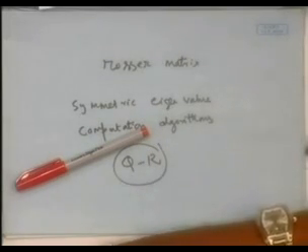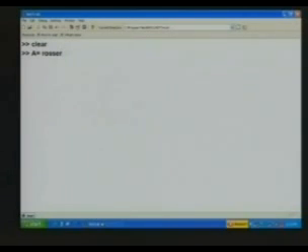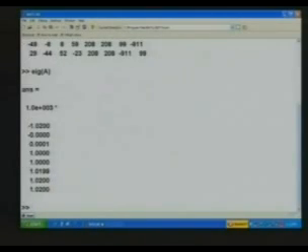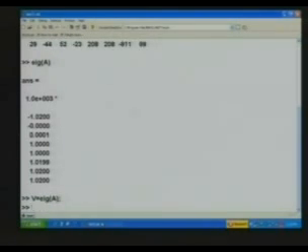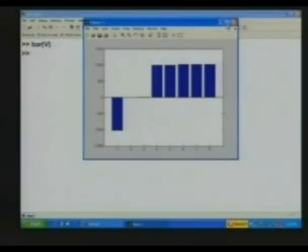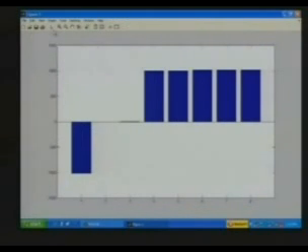So you write Rosser. This is the Rosser matrix. If you see the eigenvalues of this matrix, they are very closely spaced. You find there is a double eigenvalue. If I write V is equal to the eigenvalues of this matrix A and bar plot this V, that is, look at the bar chart of V, what you can see here is a small non-zero eigenvalue.